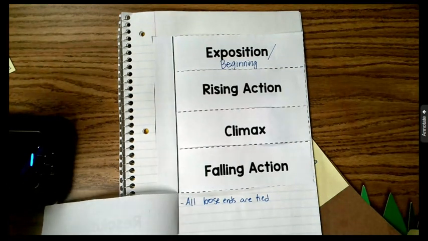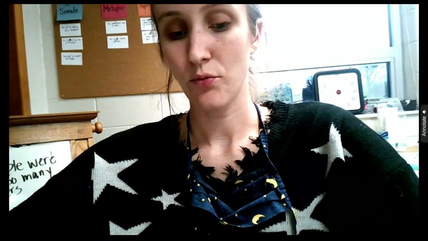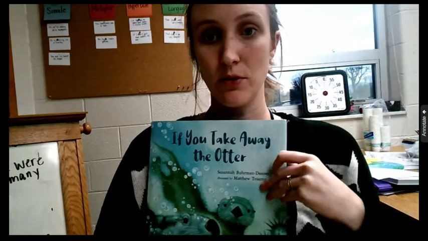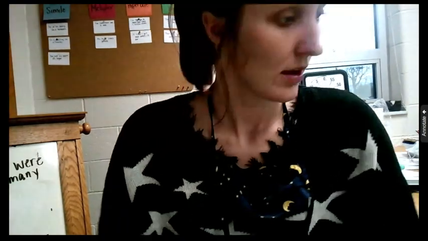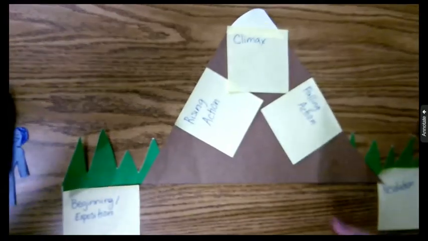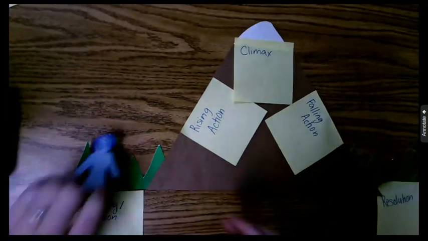So, again, in our book, if we had our story mountain for that, if you take away the otter, the beginning is when they're introducing the characters.